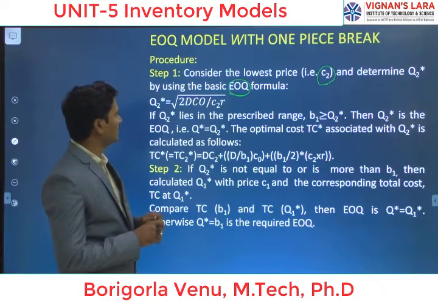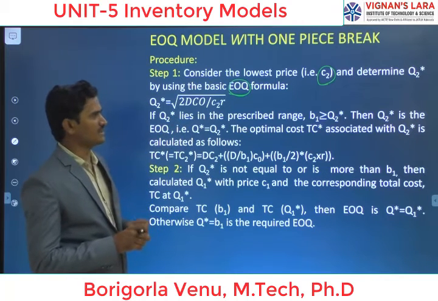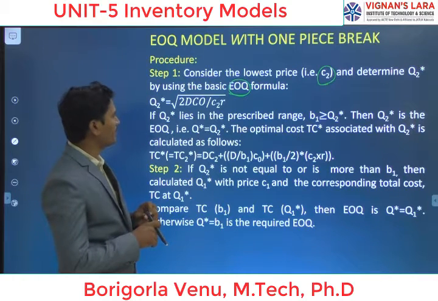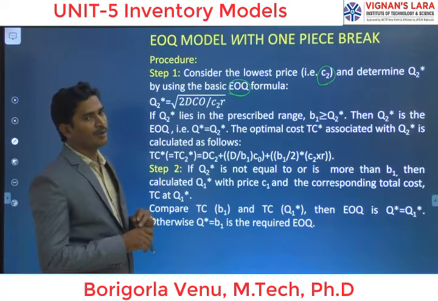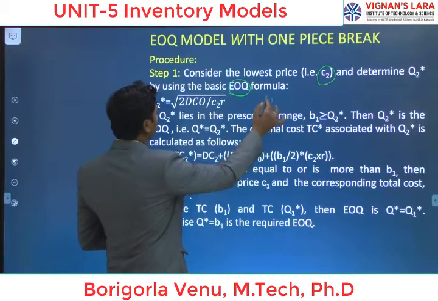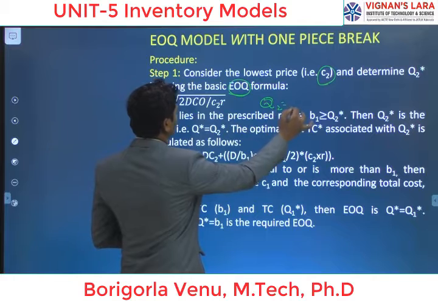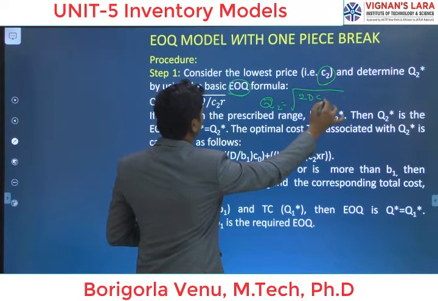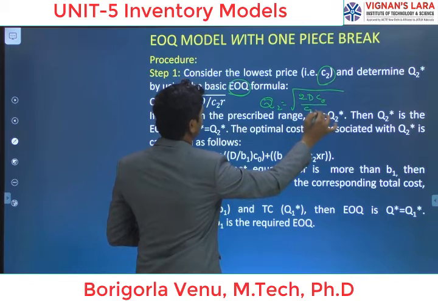Here, suppose we consider the lowest price break. At the time of calculating at the lowest price break, we have to calculate the Q2 value. Q2 we are going to calculate with the help of the formula square root of 2DC0 by C2R.